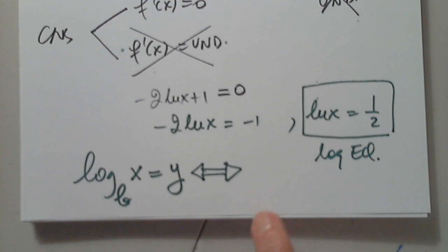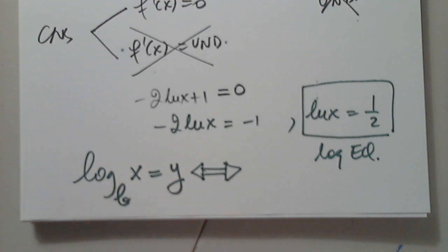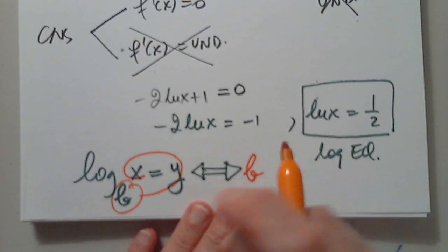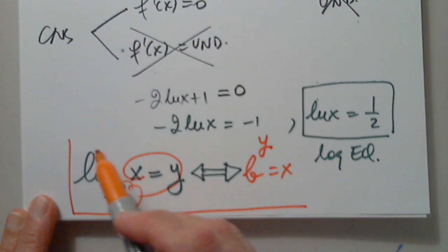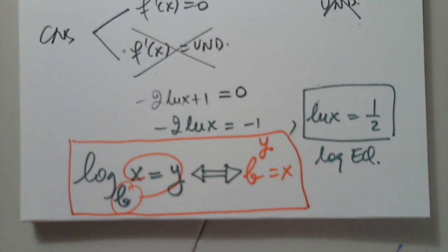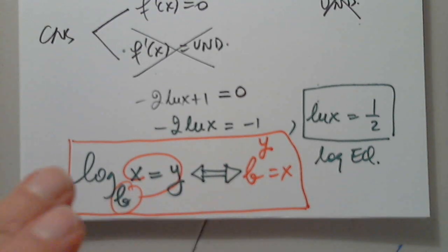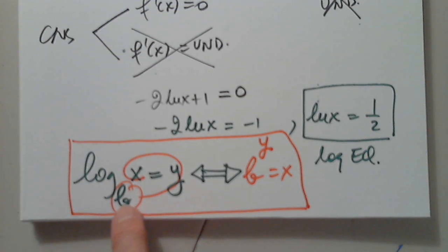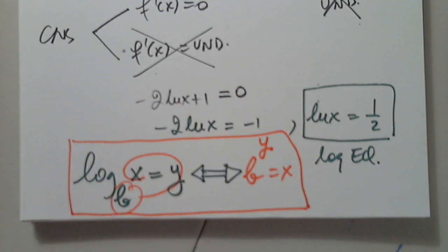The base raised to power y equals x. Counterclockwise, like this. This is a very important property that helps us convert a log equation into an exponential equation, and an exponential equation back into a log. We always start with the base and we go counterclockwise. It's not b times y. It's b raised to power y equals x.